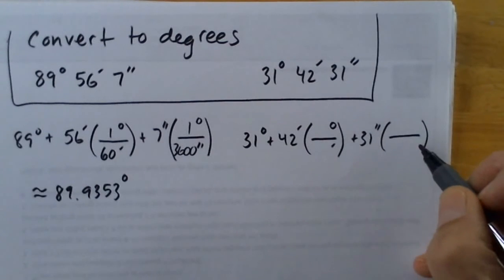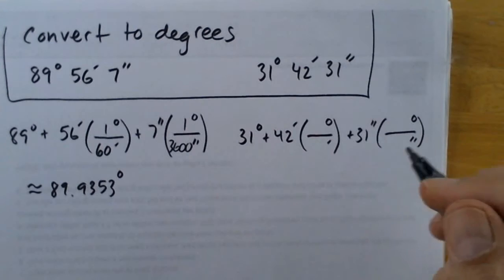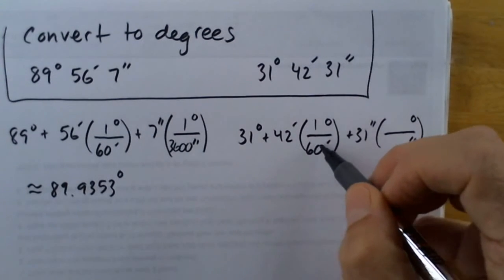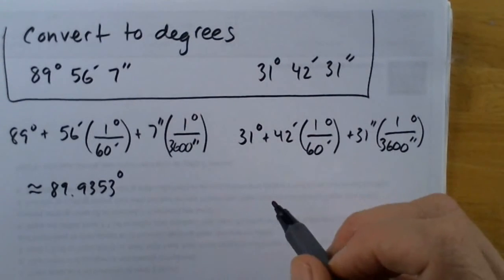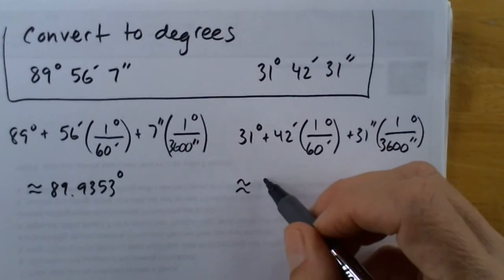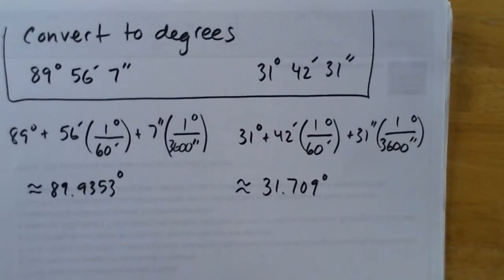Here we want to cancel seconds, and we want to be left with degrees. So we have 1 degree is 60 minutes, and 1 degree is 3,600 seconds. If we do that on the calculator, we have 31.709 degrees.